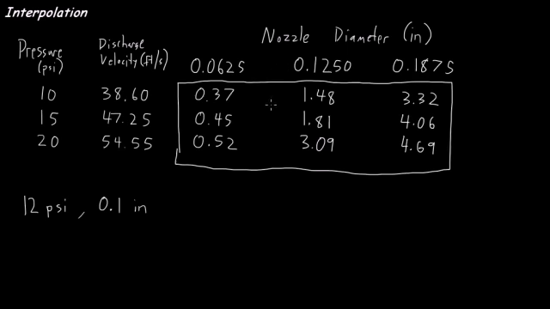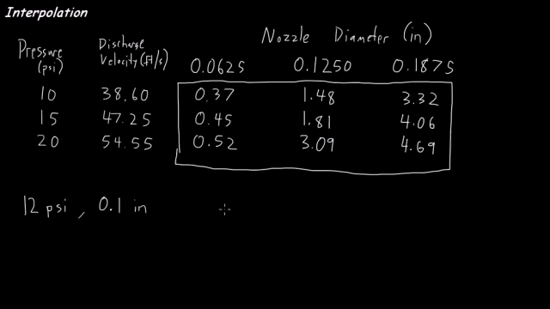So we're going to actually have to do a technique called double interpolation in order to estimate what that value should be. Now, this is where interpolation becomes very useful, because as you can see, there's no button on your calculator to calculate water discharge rate in gallons per minute. So this is a function that your calculator has no idea about. So we have to do some sort of interpolation technique in order to estimate that value.